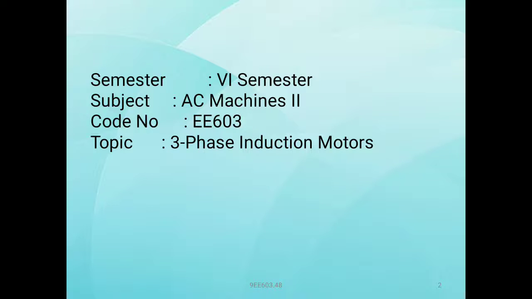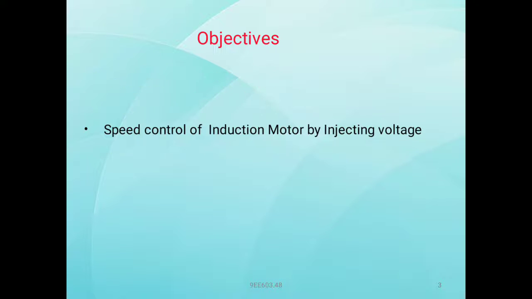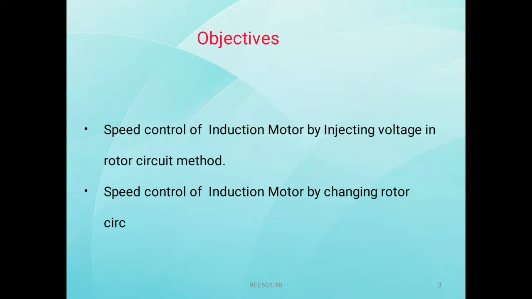AC machines to three-phase induction motors. Here, the objectives are speed control of induction motor by injecting voltage in rotor circuit method, and the speed control of induction motor by changing rotor circuit resistance.